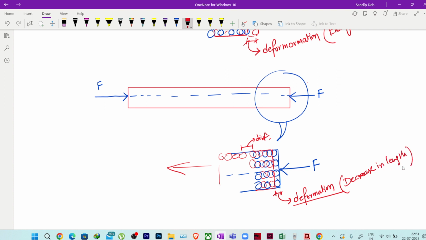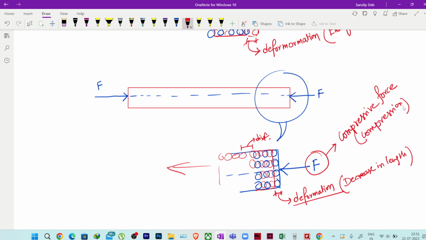When this kind of phenomenon is occurring, then this force which is applied on the bar is called compression, or compressive force, or I can say compression.